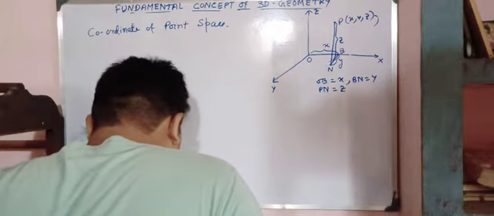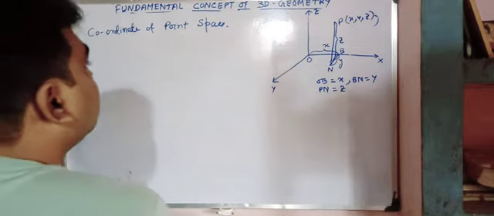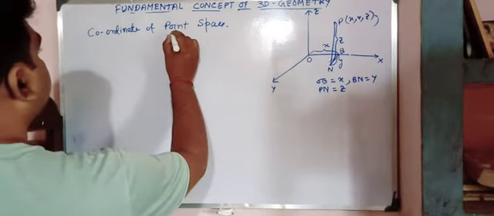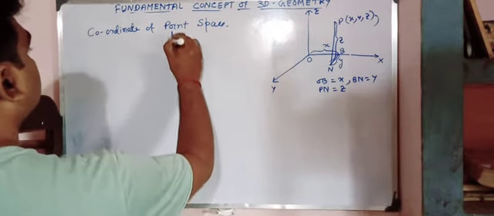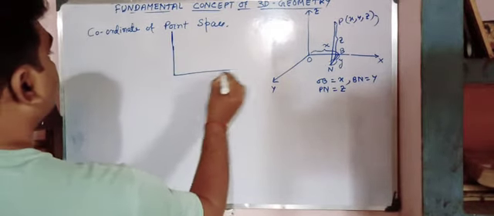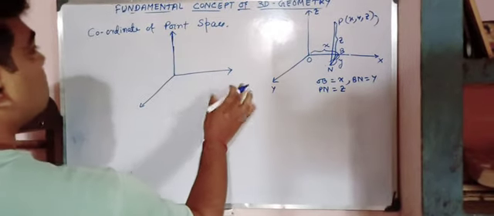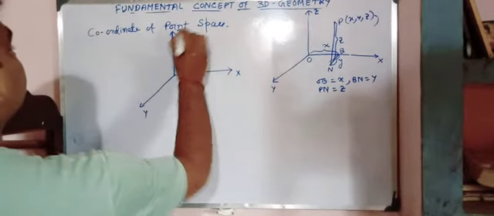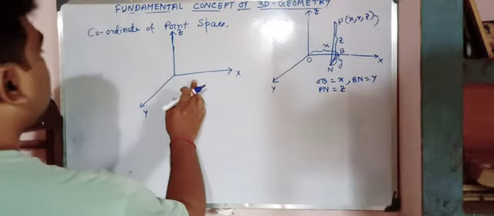Now suppose we are drawing one more picture. This is x, this is y, and this is z. The axes are mutually perpendicular to each other.